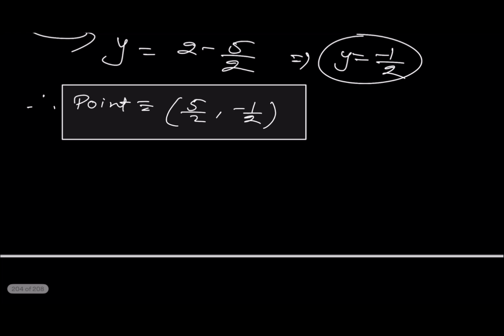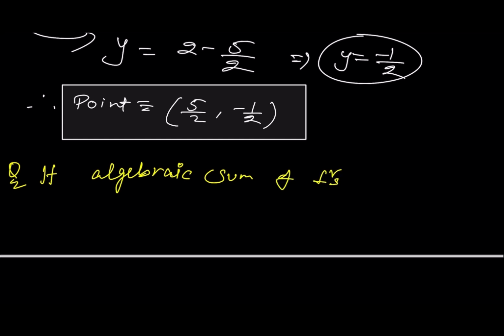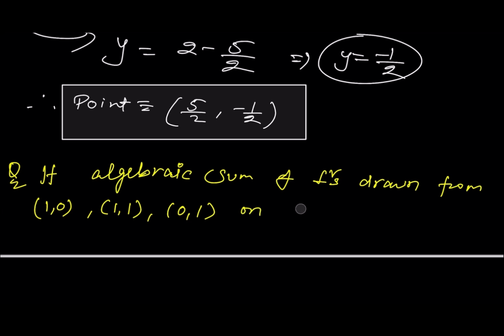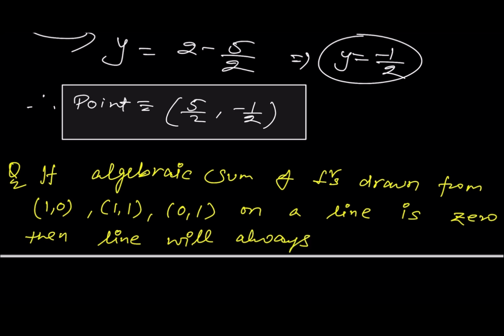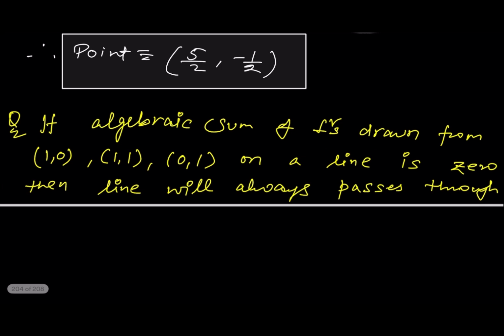Now let us take one more question. The question is, if the algebraic sum of perpendiculars drawn from (1, 0), (1, 1) and (0, 1) on a line is 0, then the line will always pass through a fixed point.